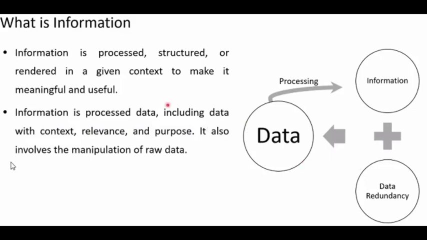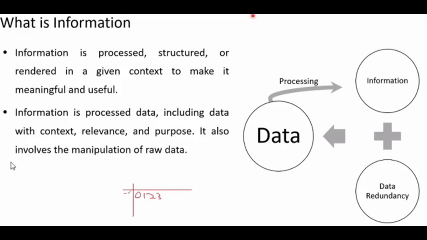So basically, data itself, to put it in simple terms: if you draw a table, this is data, right? There's no meaning to the table. Or maybe you have something inside here, 0, 1, 2, 3. It doesn't make any sense. You have to have some kind of processed data. Basically, you add some context.